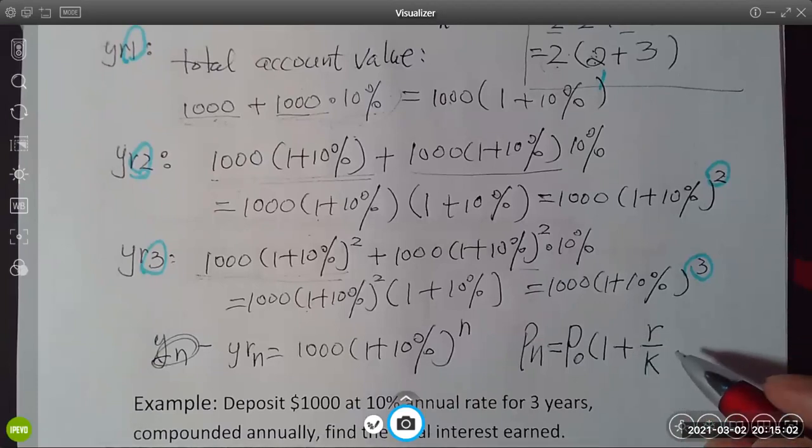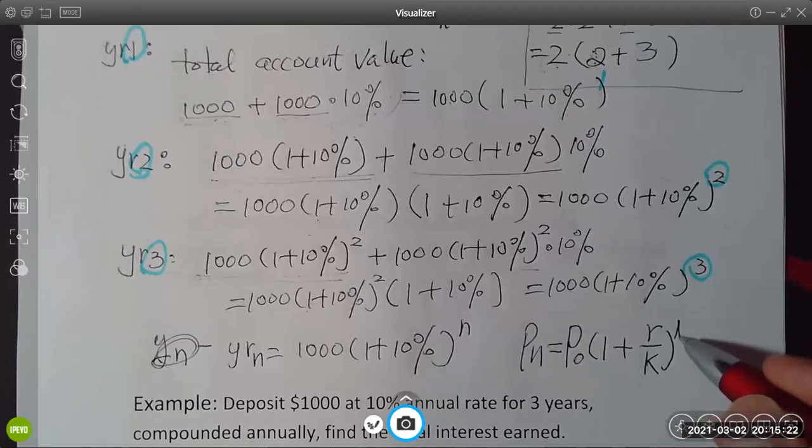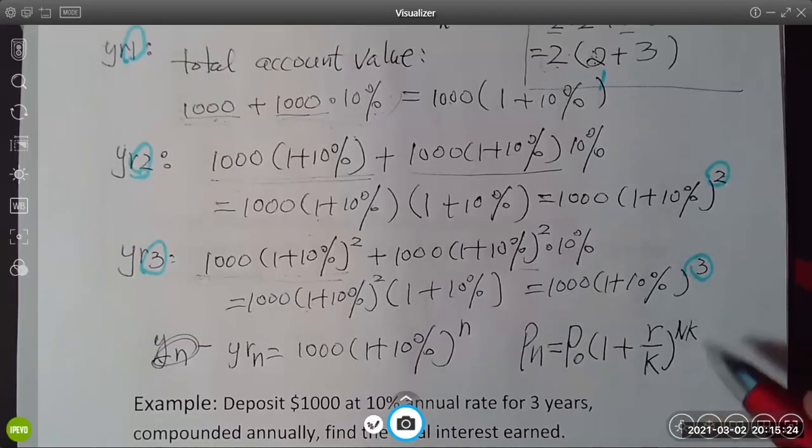I remember I mentioned in the simple interest lecture that the interest rate and the time have to be consistent. I hope people still remember that. So if this is compounded monthly, with this monthly rate, the time has to be in terms of months. That's why they have this nk here. For example, if k is 12, which represents 12 months in the year, and n is time in years, this many years times 12 is how many months.